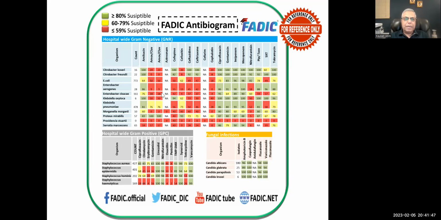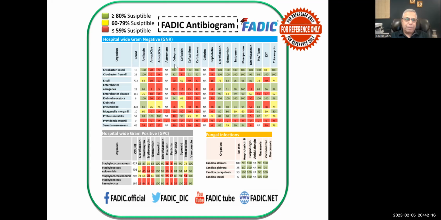Again, this is an antibiogram. A number of bacteria are given over here, and their sensitivities are given. Red means they are not susceptible, or less than 59%, which means they're almost resistant. And green, so you can see, amikacin is a good antibiotic. A lot of organisms are sensitive. Amoxicillin-clavulanate, a lot of resistance.